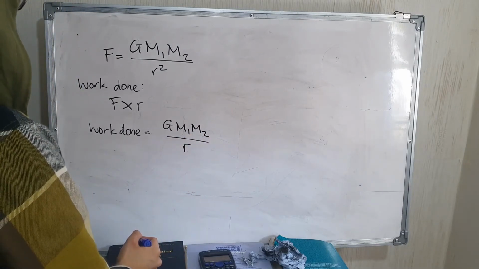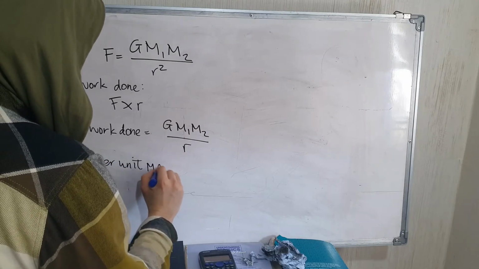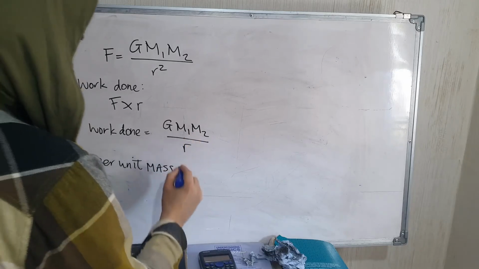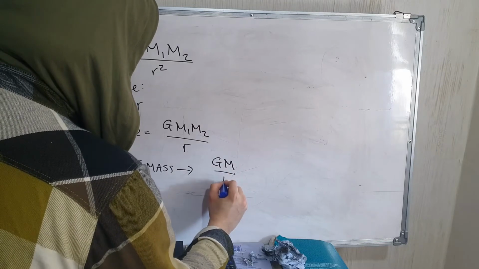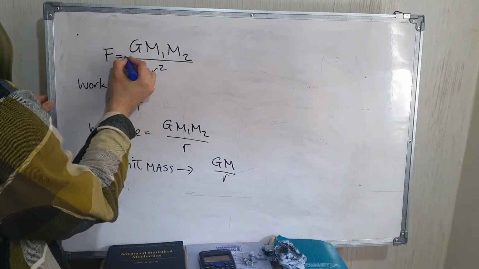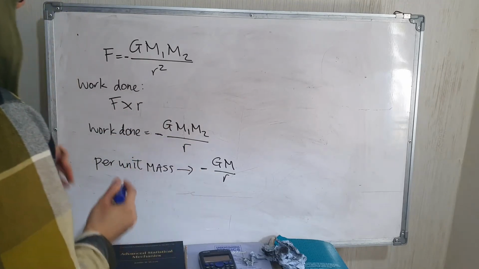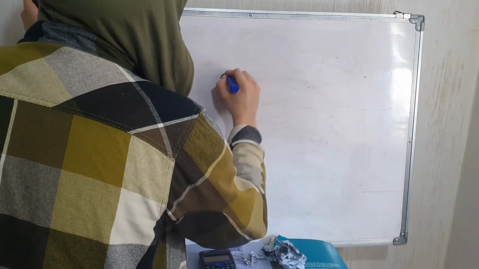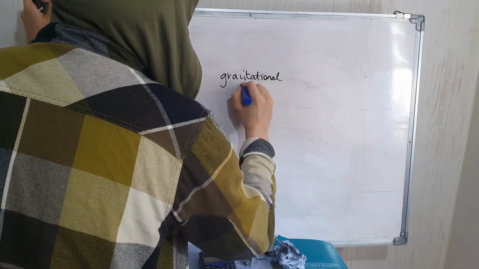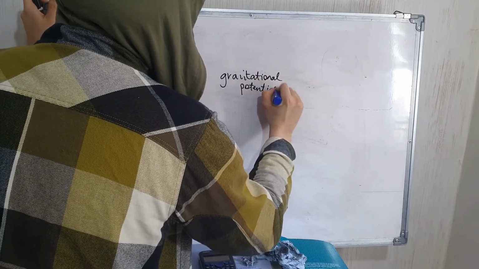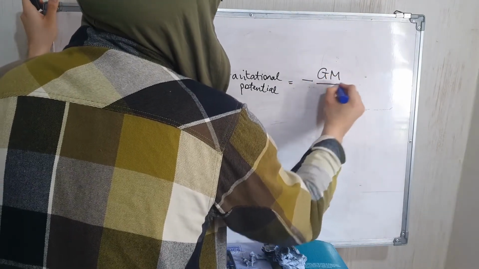And because you're doing it per unit mass, one of the m's will cancel. So that implies it is G m over r. Now remember, the force is negative, so this is negative. All right, so what is the equation? Gravitational potential is equal to minus G m over r.